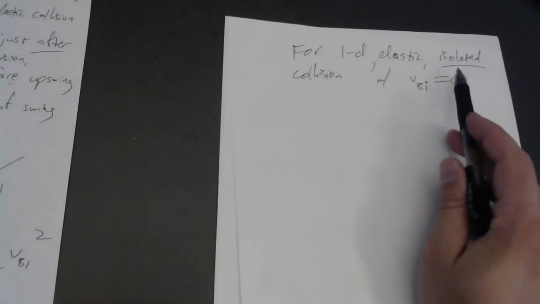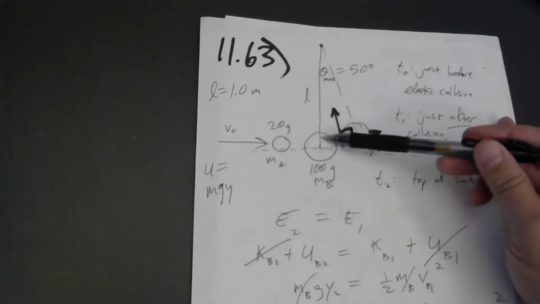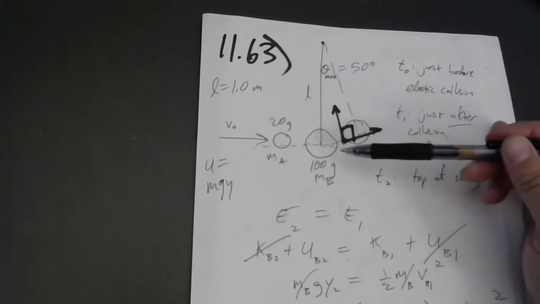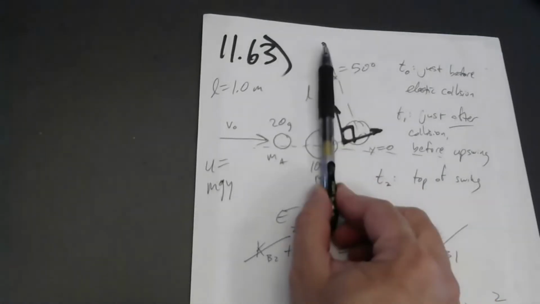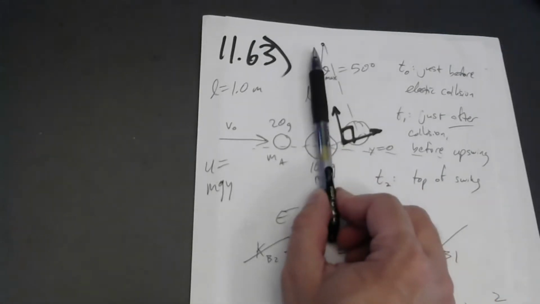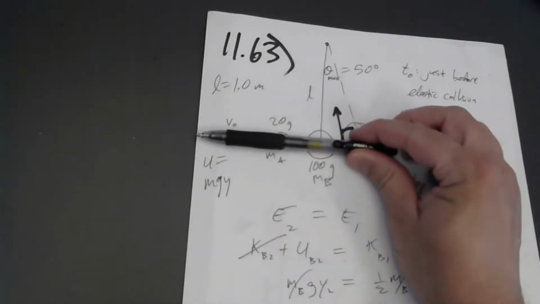Now you may be wondering, are you sure this is isolated? Because while these two are colliding, I see a string here, and that string is pulling on the mass. So there is an outside force. Plus there's gravity. Well, that's true, but the tension force is vertical, and so is gravity. So number one, vertical forces have no effect on horizontal momentum.